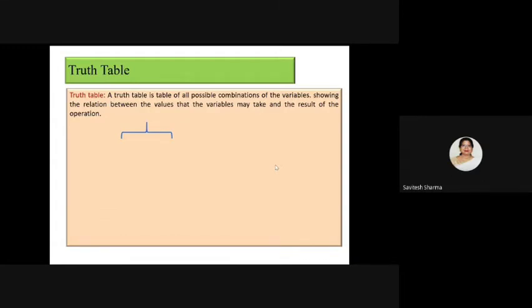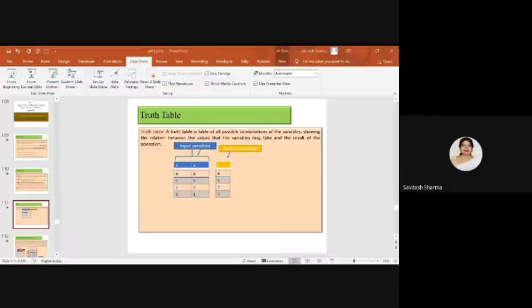On the left hand side, you will write the input expression, and on the right hand side, you will write the output expression. That will show the dependency, what is the function of the input, so that you can represent your output. So this is another way of representation, the truth table.